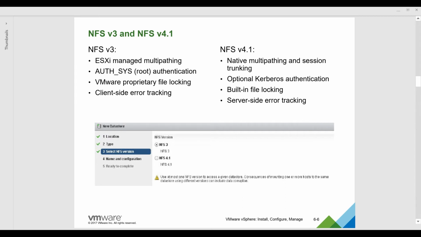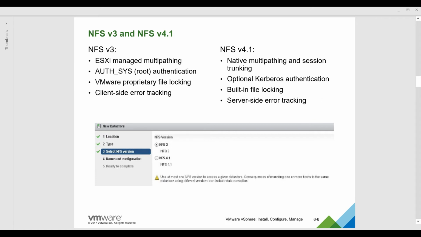You can have optional Kerberos authentication. I remember in version 3, you would have to have an NFS server or NAS that can mount or share a folder as root or no_root_squash. So you actually give it to where when they map this NFS folder, they're assuming they're root.